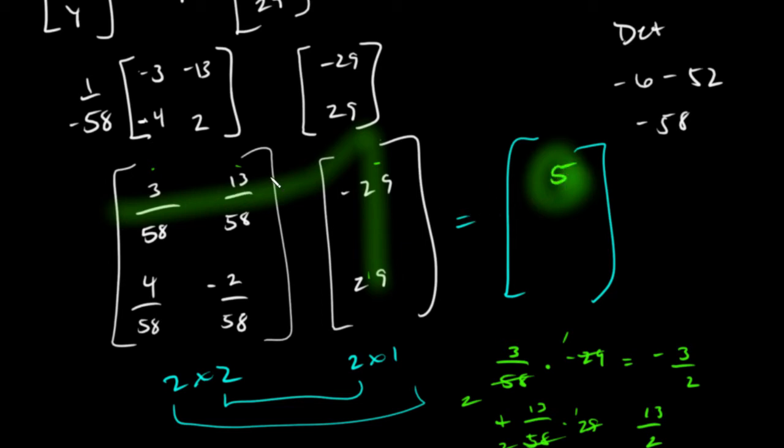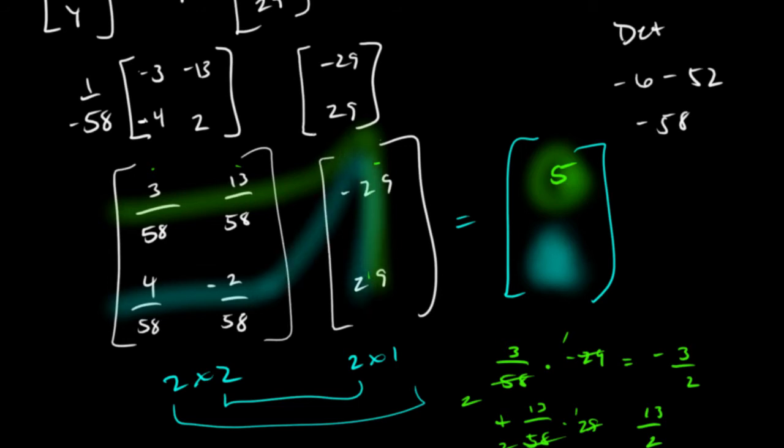And the next entry is found by taking the second row, first column right here. And so when you multiply this number by this number, this will reduce to 2 and this reduces to 1, and you'll have a negative 1 times 4, which is negative 4 over 2, which is negative 2.